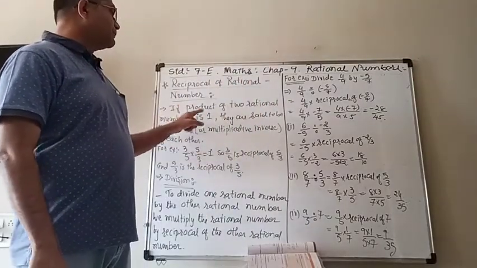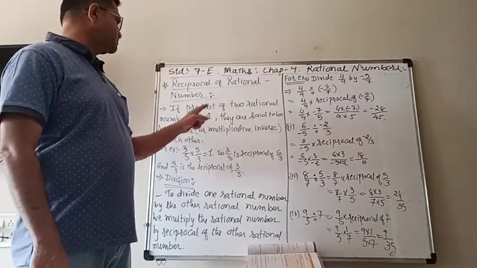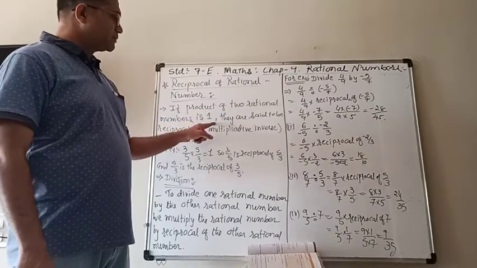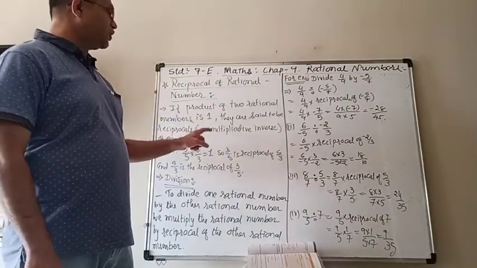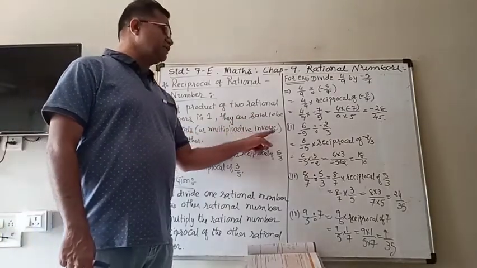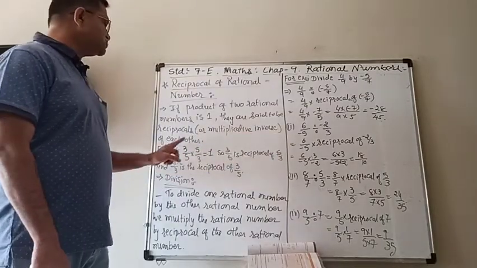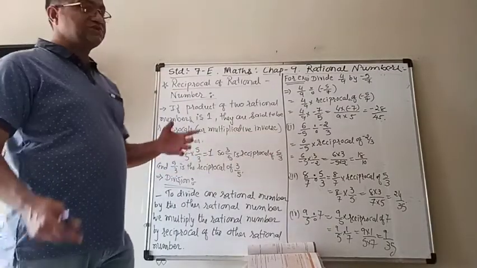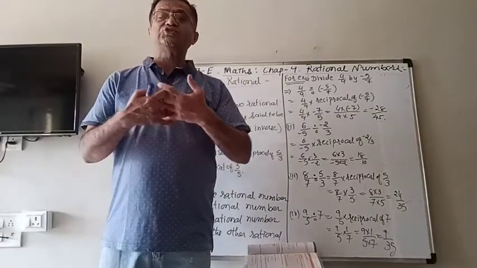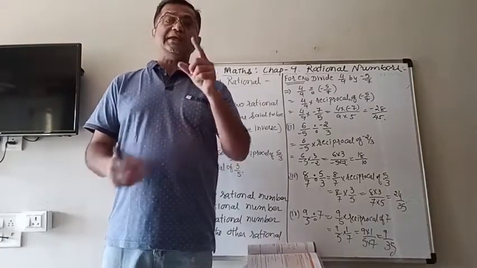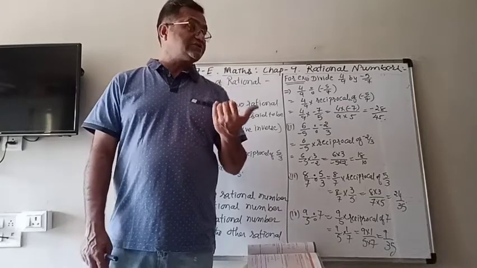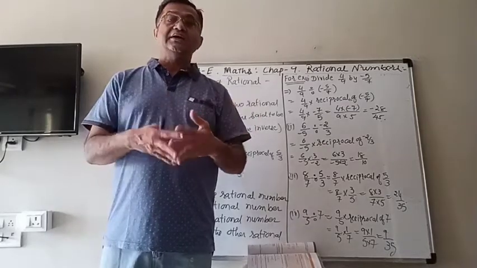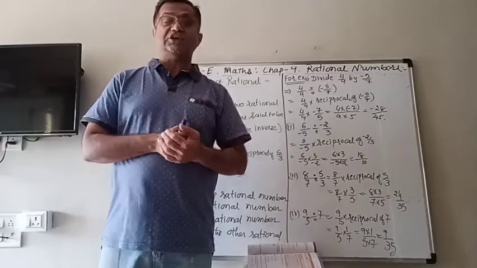Means if product of two rational numbers is 1, they are said to be the reciprocals or the multiplicative inverses of each other. Means when we multiply the two rational numbers and if the product is 1, then we can say that they are reciprocals of each other.